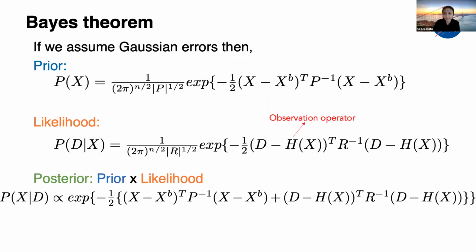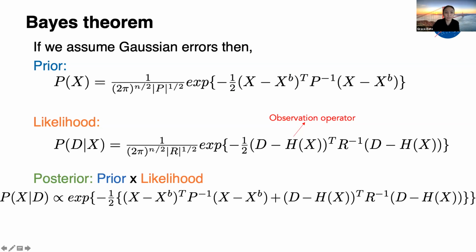I want to point out that when applying Bayes theorem, you can use any PDF or distribution. But if we just assume Gaussian distributions for the error, then it becomes much easier and more beautiful to write mathematically, particularly if we are dealing with high dimensional problems. For that, we can generalize the equation using the multivariate Gaussian distribution equation.